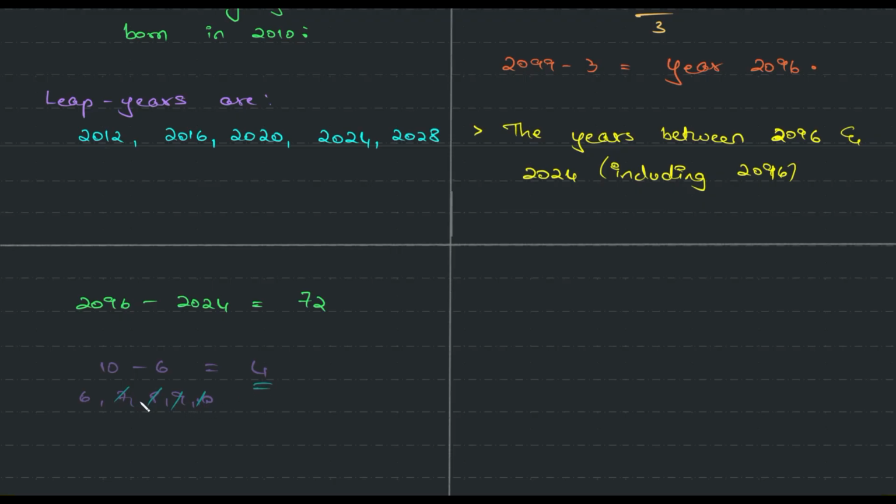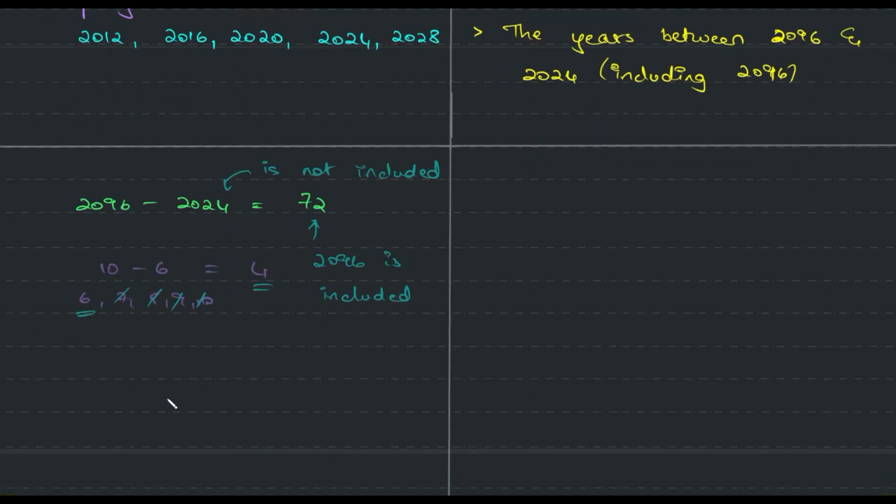So there are 4 numbers from 6 to 10, including 10. So when I subtract, by default, 2096 is included. This point is important, while 2024 is not included, right? So when I subtract 6 from 10, 6 is not included. 6 is not part of the group. The count starts from 7, 8, 9, 10, which is 4.